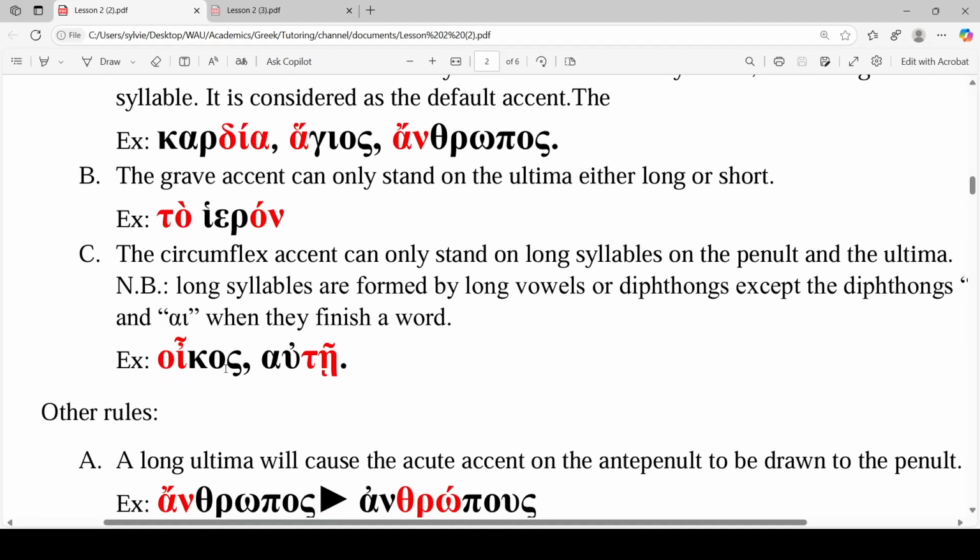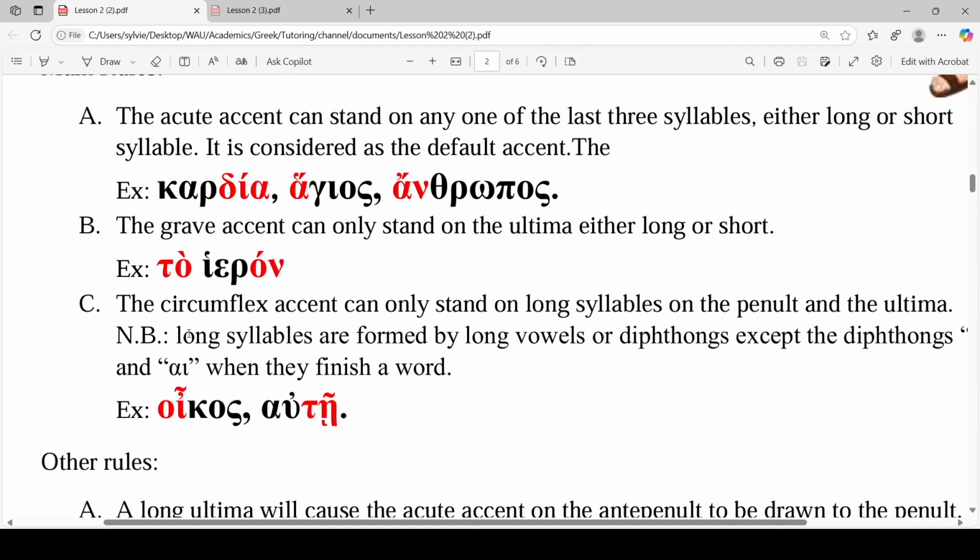Now let's see our third rule. Our third rule is about the circumflex accent. The circumflex accent can only stand on long syllables, on the penult and the ultima.